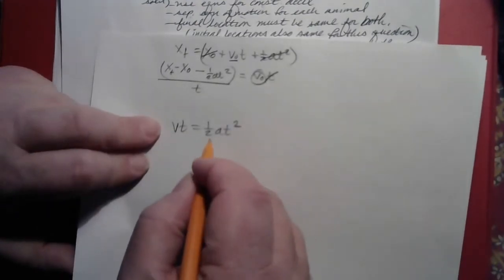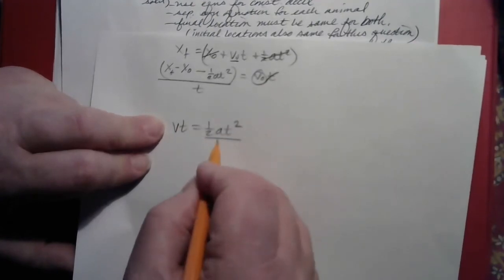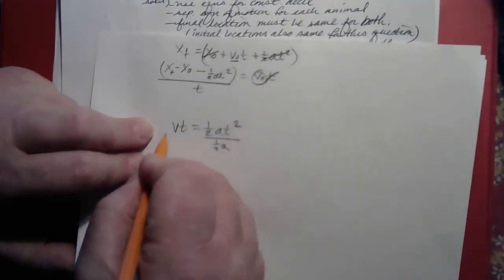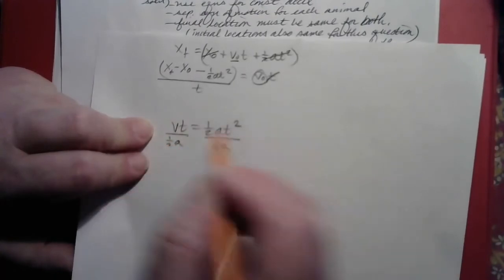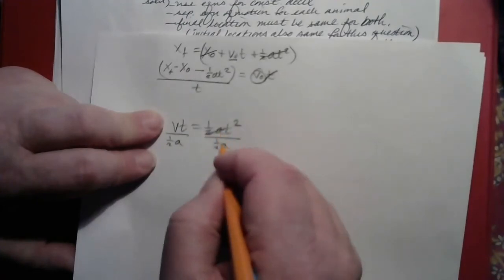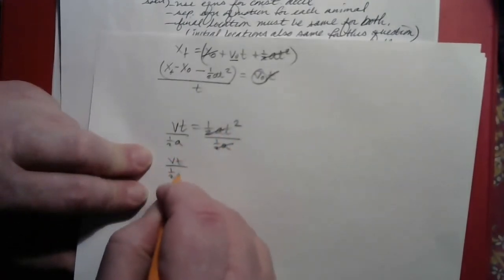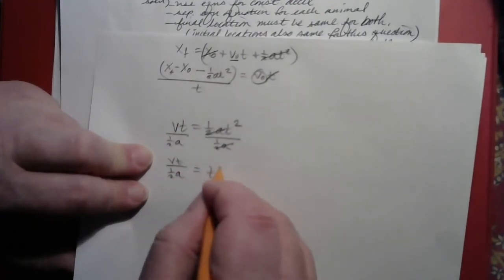So let's see, if we divide both sides by 1/2 A, we can get T squared alone. So VT over 1/2 A equals T squared.